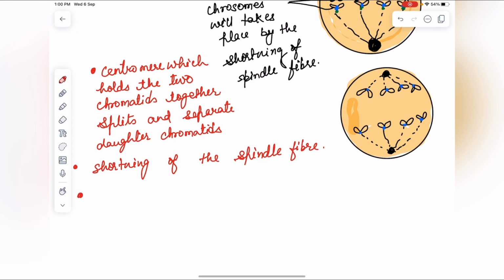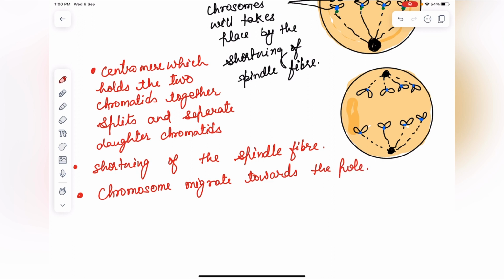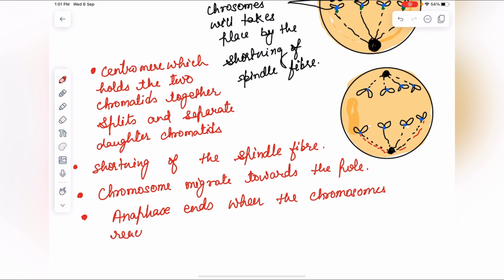Next point, chromosomes migrate towards the pole. See this, the chromosome starts moving towards the pole. Next point, anaphase ends when the chromosomes reach the poles.